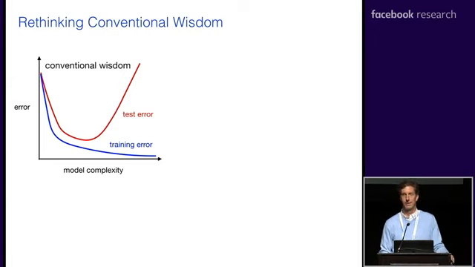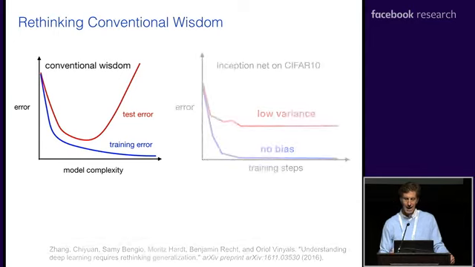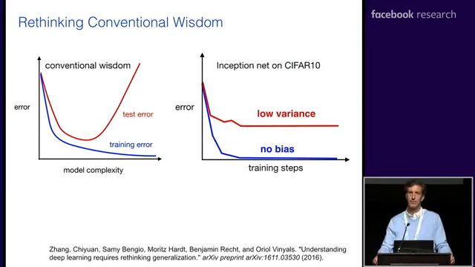This is sort of at the root of a lot of statistical learning theory, including the VC analysis and all that. But what happened is people started experimenting, especially with deep neural networks, and they found surprising contradictions to this picture. For example, this is some work using Inception on CIFAR10, and this neural network has more parameters than we have training examples, so we can perfectly interpolate the training data.